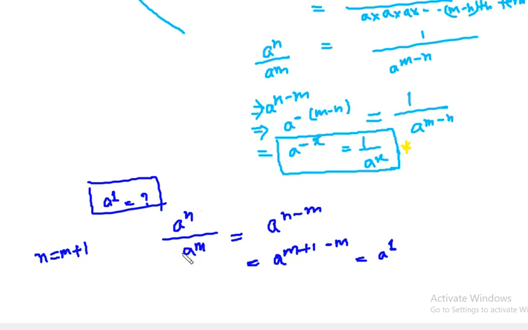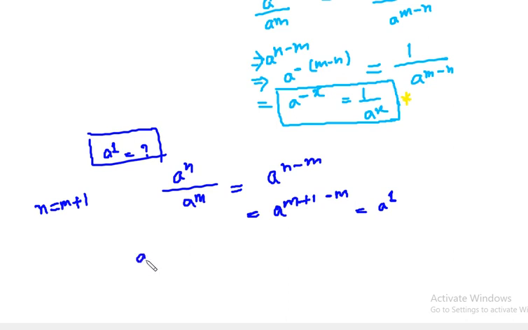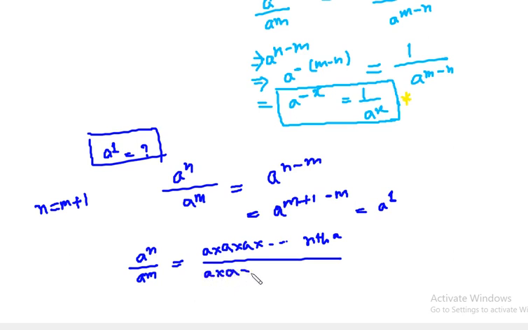But if we write this in the original expansion, what we will get on the left side? a to the power n by a to the power m means a into a into a up to the nth a, and in the denominator a into a into a up to the mth a. Now if you cancel, there will be one a left, because n is just 1 greater than m. Okay, so you will get only a.